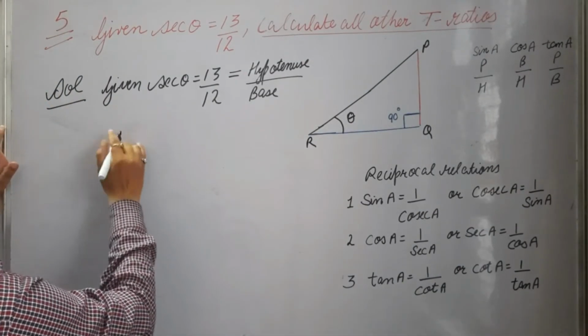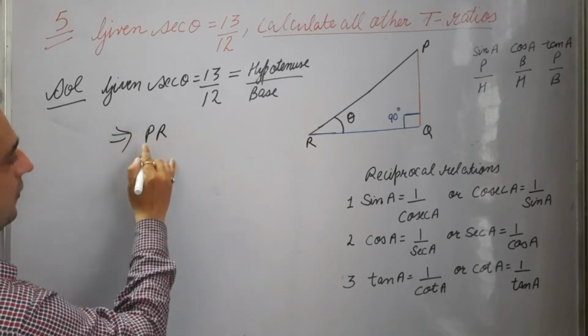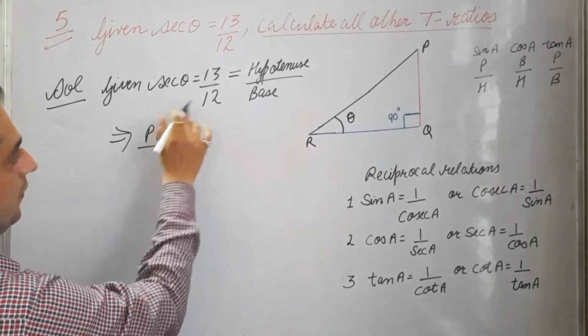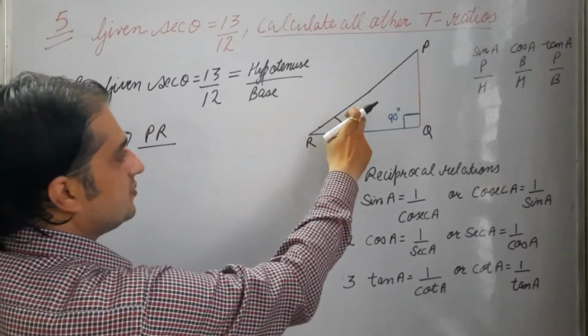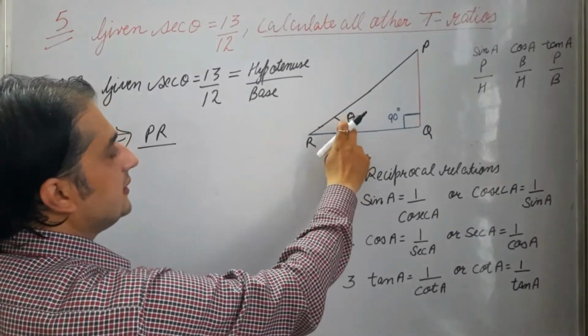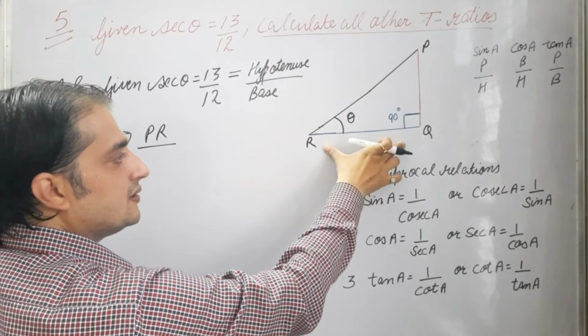So PR, which is the hypotenuse of the right angle triangle, over base. Base is the side adjacent to angle theta, which is our angle of reference. So the side adjacent is RQ.